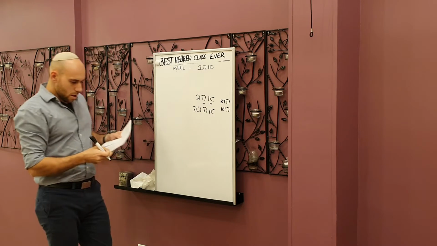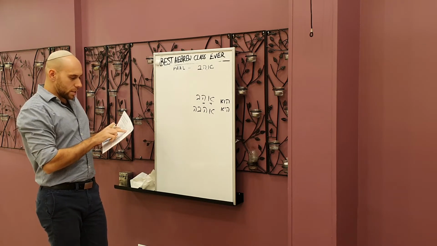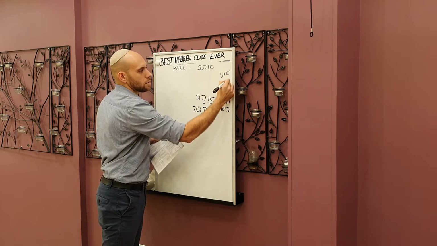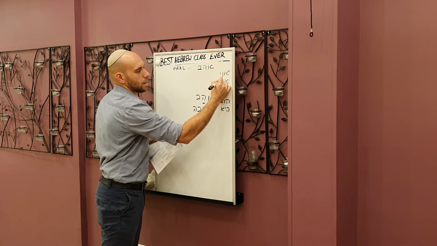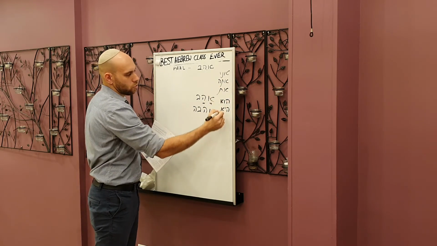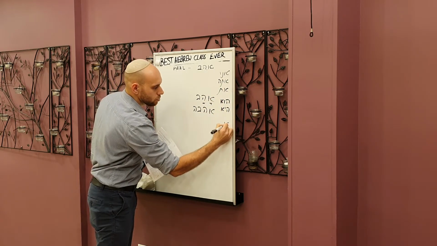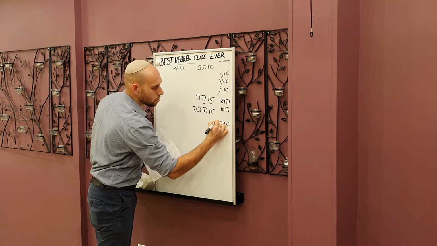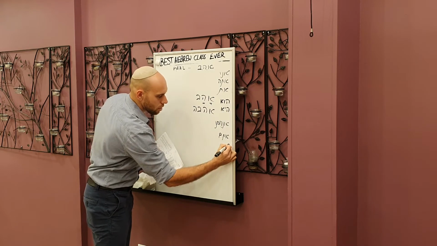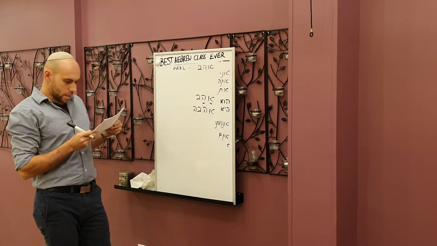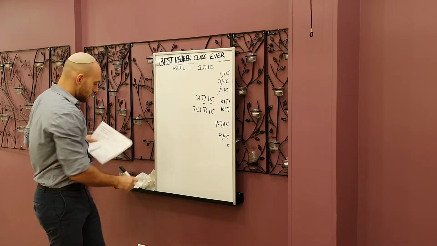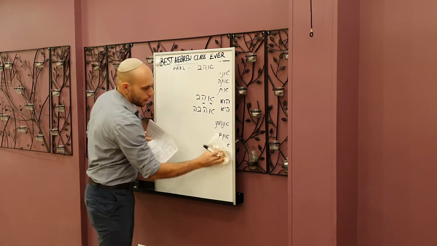And then what's the ani form? We'll start at the top again. It goes ani, ata, at, hu, hi, anachnu, atem, and then they have also a ten, but I'm not going to write all of it out.